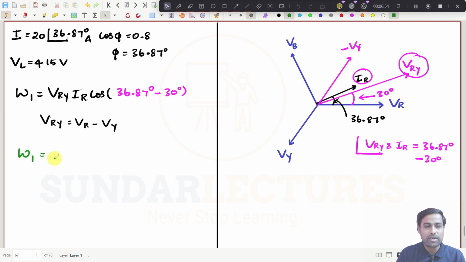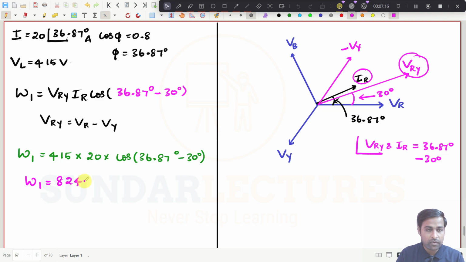So W1 will be equal to VRY, again 415, that is given, multiplied by IR, it is 20, multiplied by cos of 36.87 degree minus 30 degree. If you simplify this, I am getting W1 equal to 8240.41 watts.